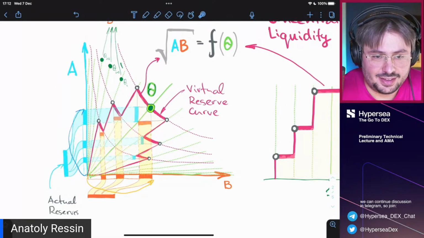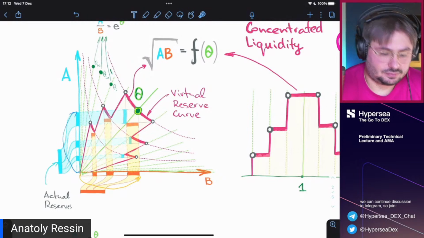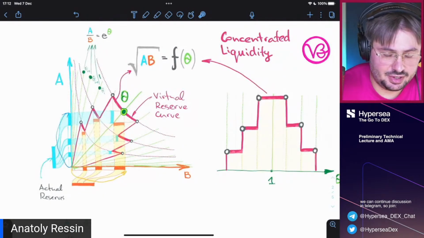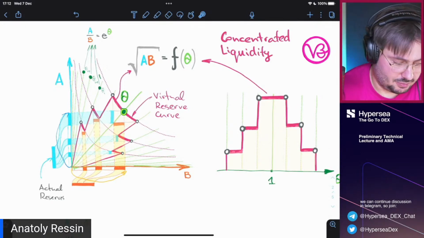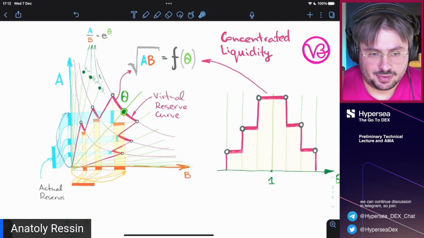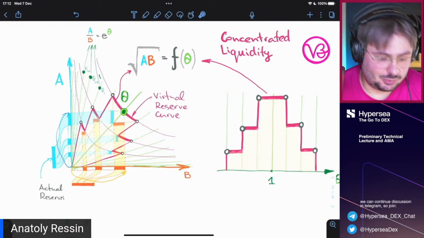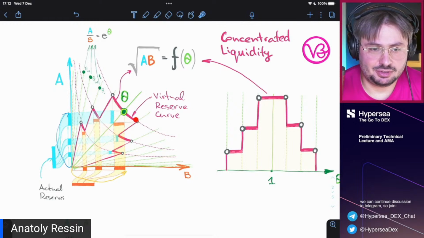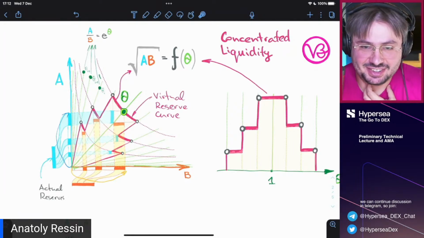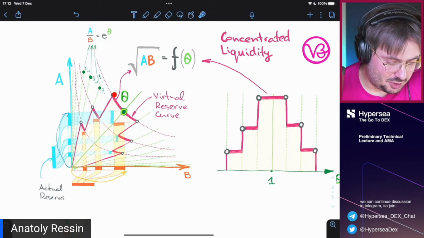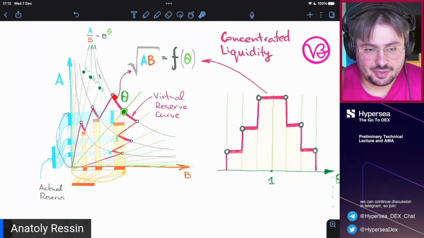So here, if you are almost sure that the price will fluctuate in this diapason, then as a market maker you can provide more liquidity in the most probable range.